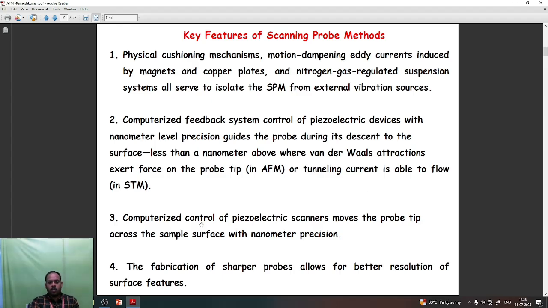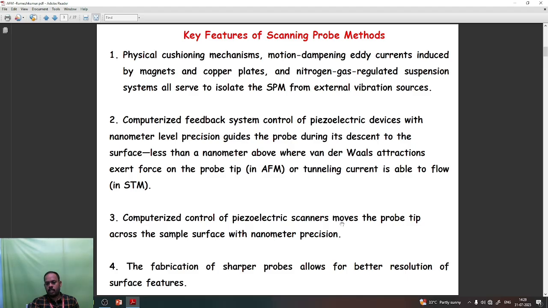That will be magnified and changed into images of the sample. And there will be computerized control of piezoelectric scanners, which will be used for the movement of the probe tip across the sample surface with nanometer precision. So the rastering will be with nanometer precision, controlled by the computer.